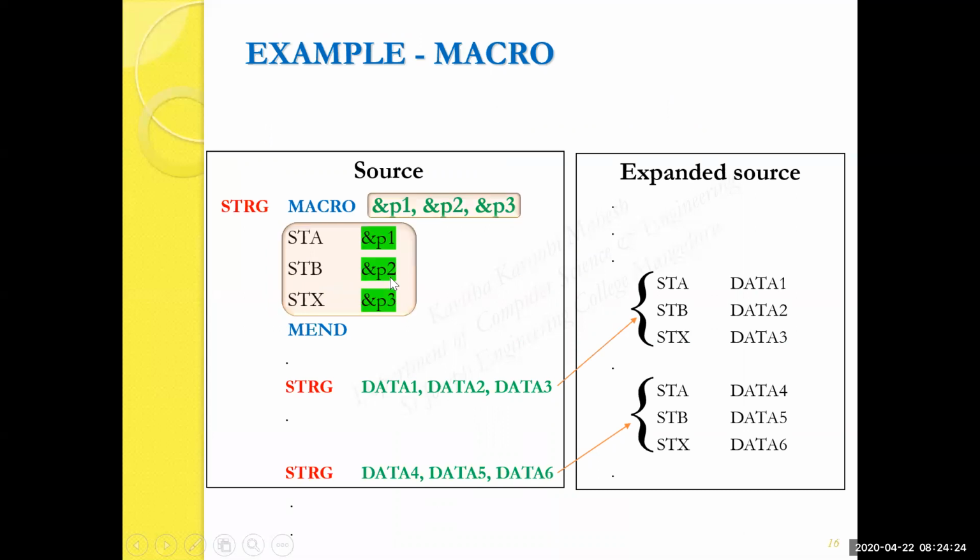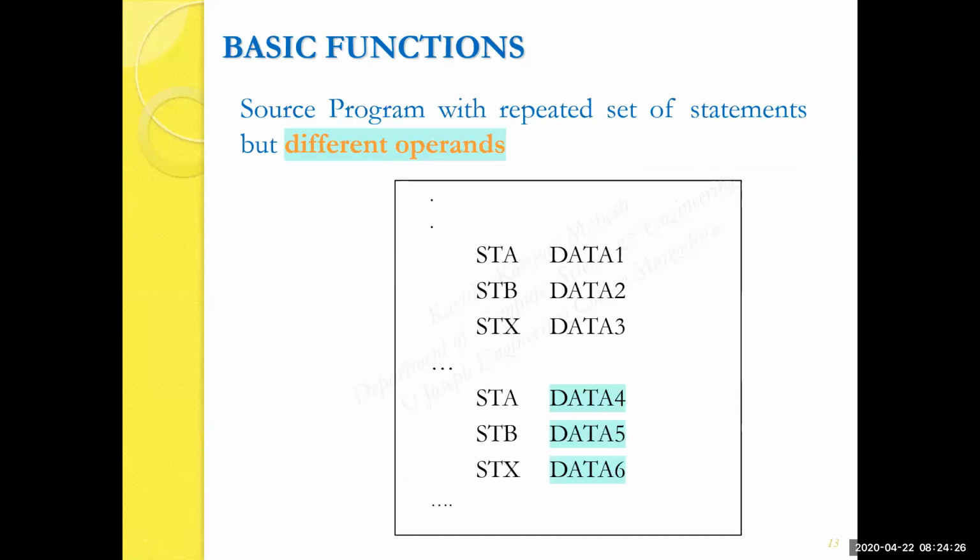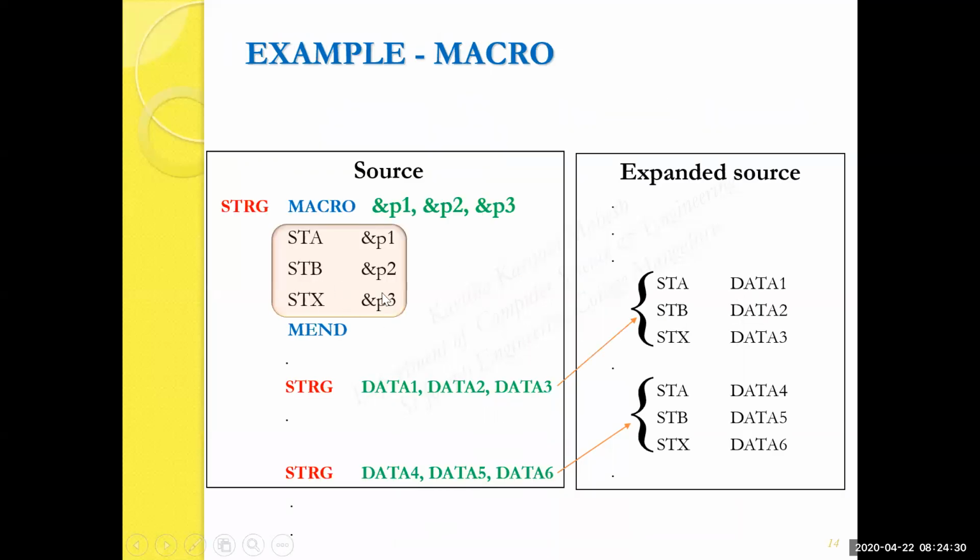Likewise, the third instruction in the set is STX, and we place this as the third instruction in the body of the macro with the operand being the parameter P3. So P1, P2 and P3 are the parameters, and we have defined a macro with parameters, unlike in the previous example wherein the macro was defined without any parameters.